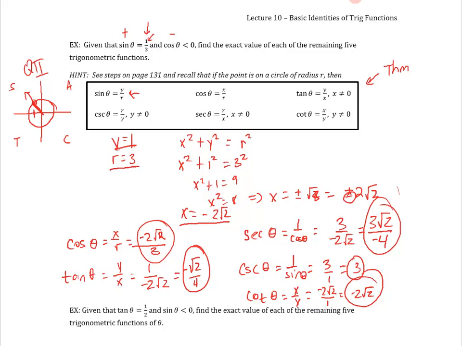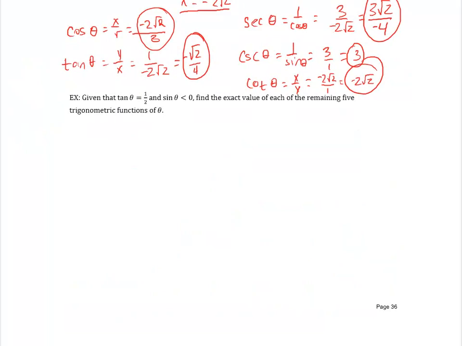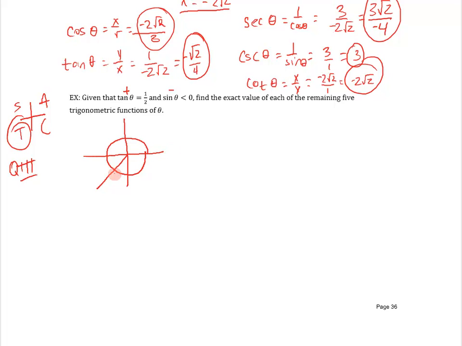Let's do one more like that just for practice. The first question is, what quadrant are we in? We know that tangent is positive and sine is negative, so all students take calculus means we're down here in quadrant 3. So you've got some point down here on some circle.